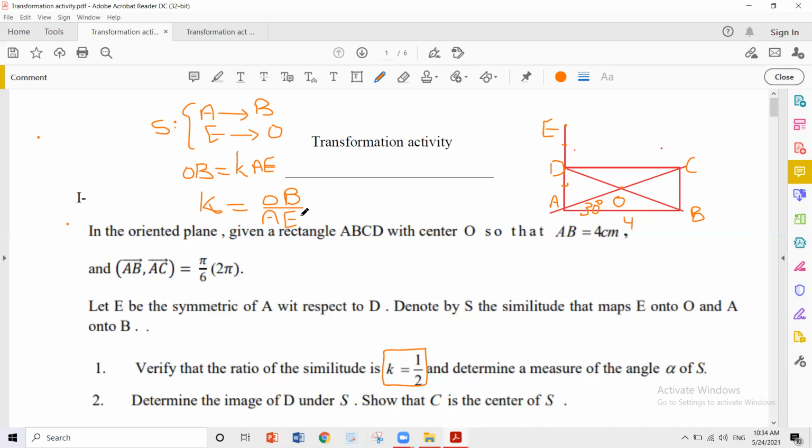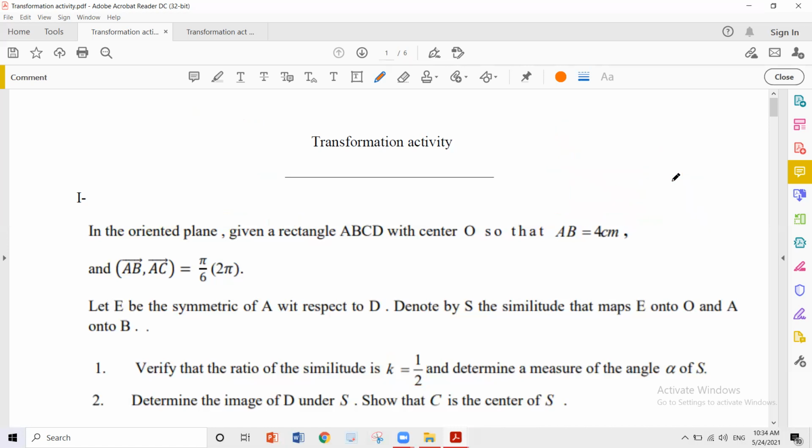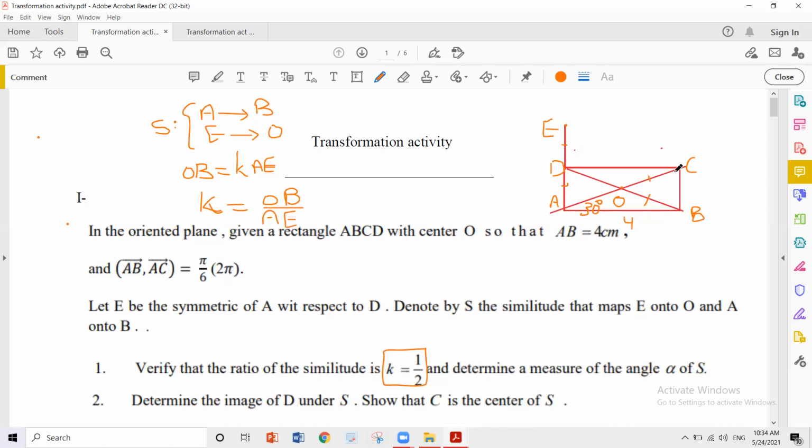Come on. What is the nature of triangle OBC? Equilateral? Because OB equals OC. And how much is the angle C?